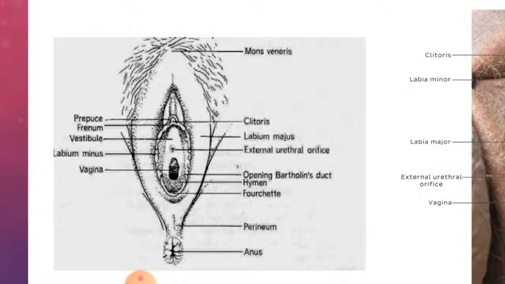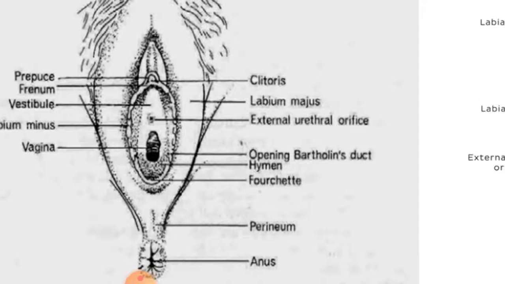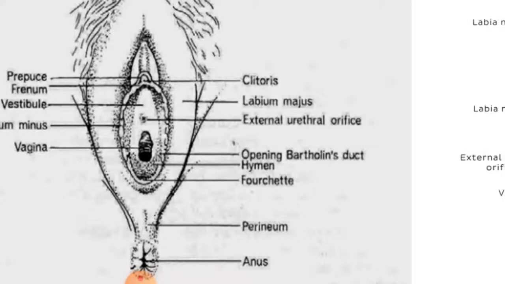So basically, the perineum is the area in female between the vulva and the anus. This roughly triangular shaped part we are calling perineum, and in females this is the part between the vulva and the anus, and in male this part will be between the scrotum and anus.